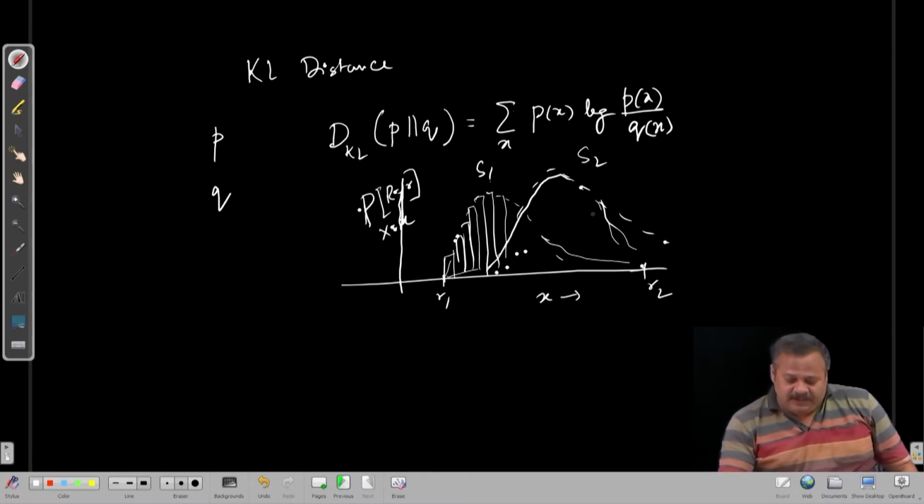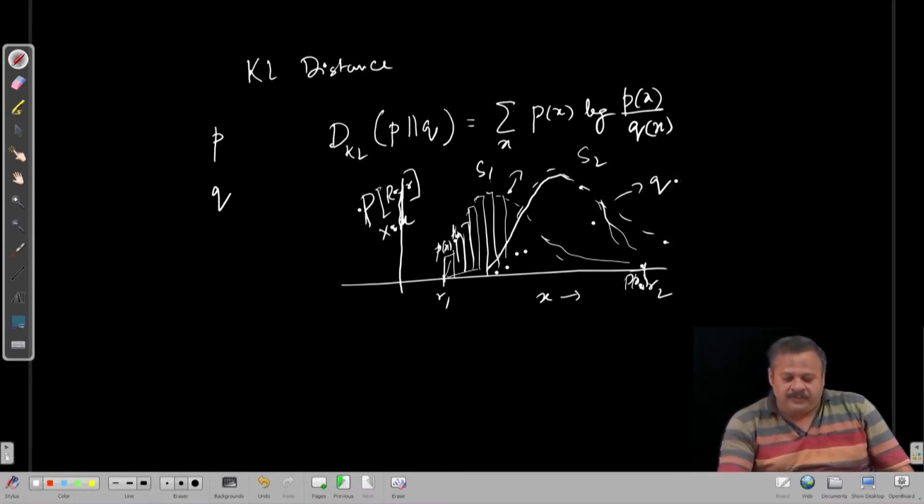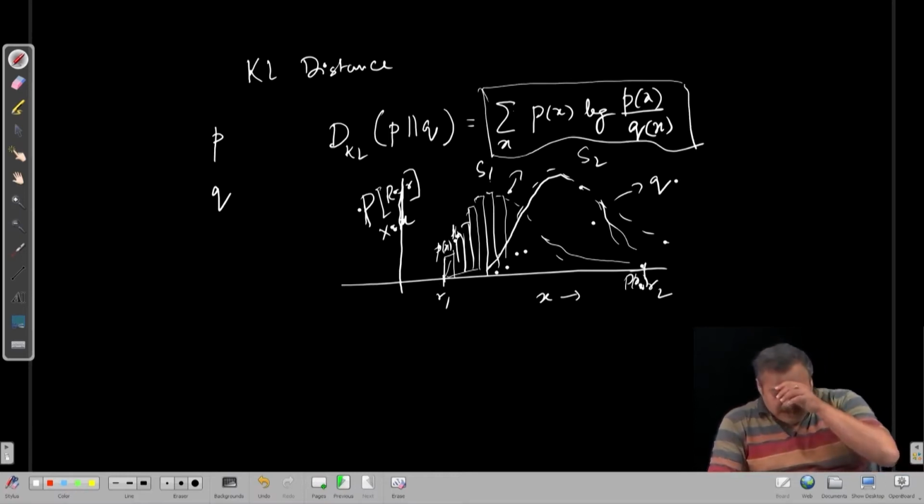So we simply use these P(x)'s: P(x1), P(x2), and so on up to P(x) capital N. Let us say there are capital N possible rates that we have, and this one is P, this one is Q, and we simply use this measure of KL distance by summing over all the different bins.